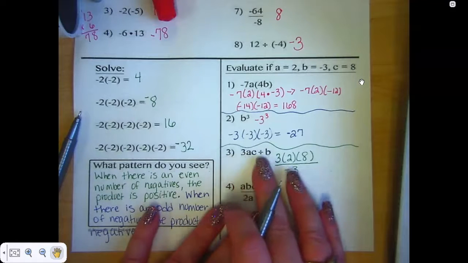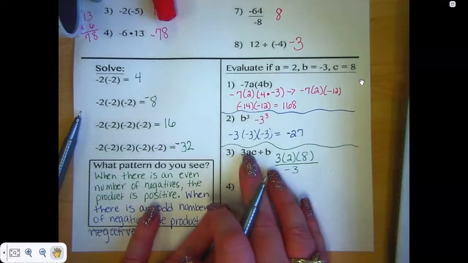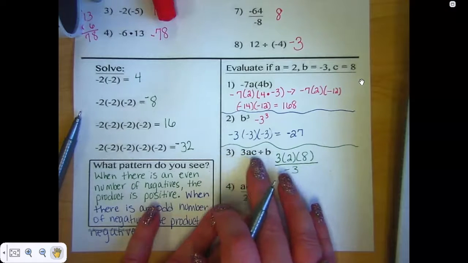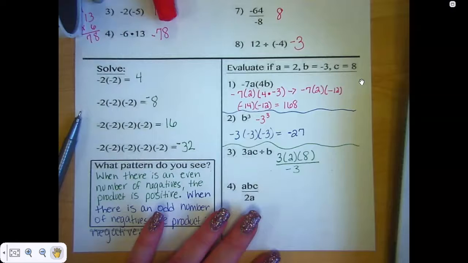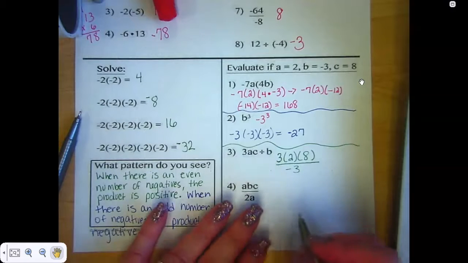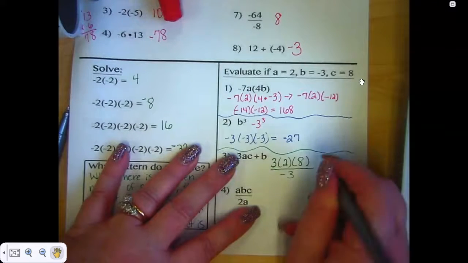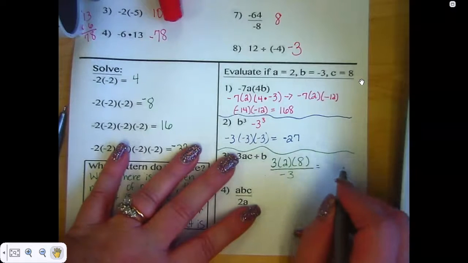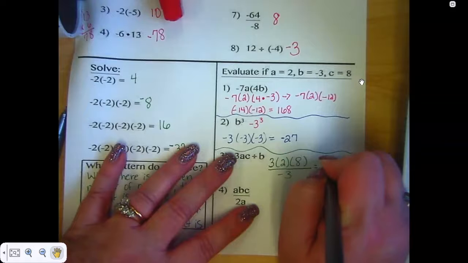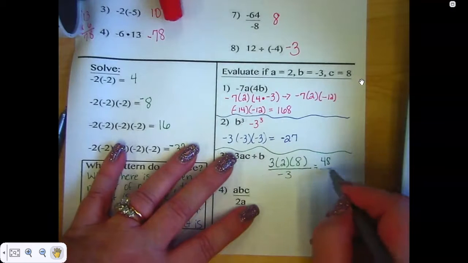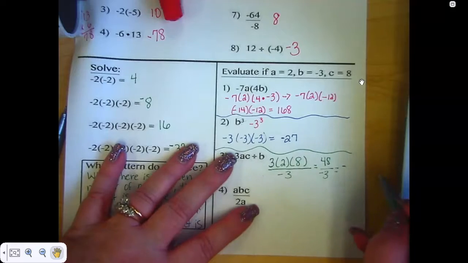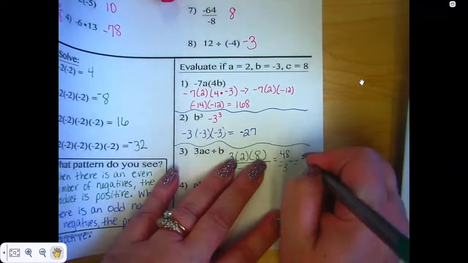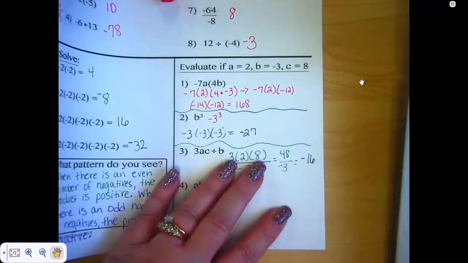If you wrote it like this, you would still do the multiplying before the dividing because you work left to right. Okay. 3 times 2 is 6, and 6 times 8 is 48, and it's all positive. And 48 divided by negative 3 is a negative 16.